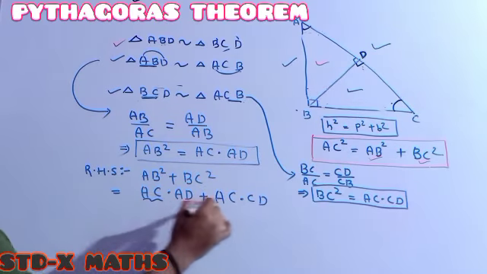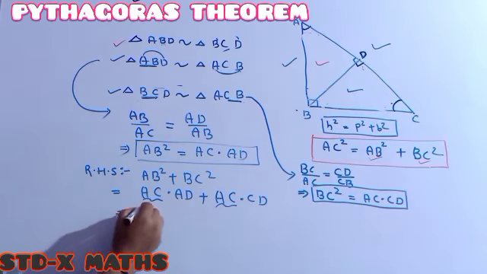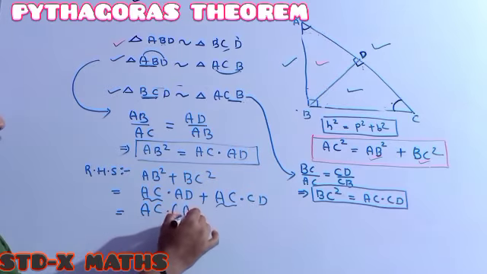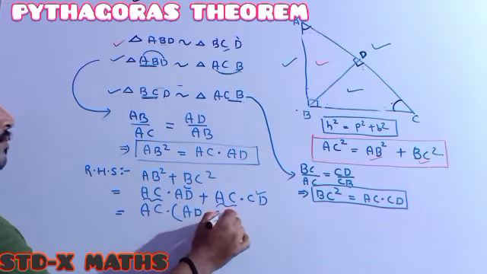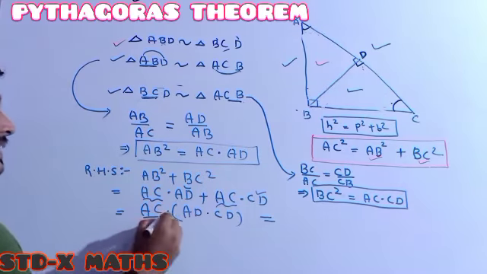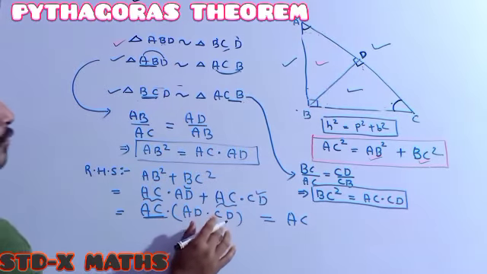From both terms, AC is common, so we can take AC as the common factor. The non-common terms are AD and CD. Finally we will get AC into AD plus CD.